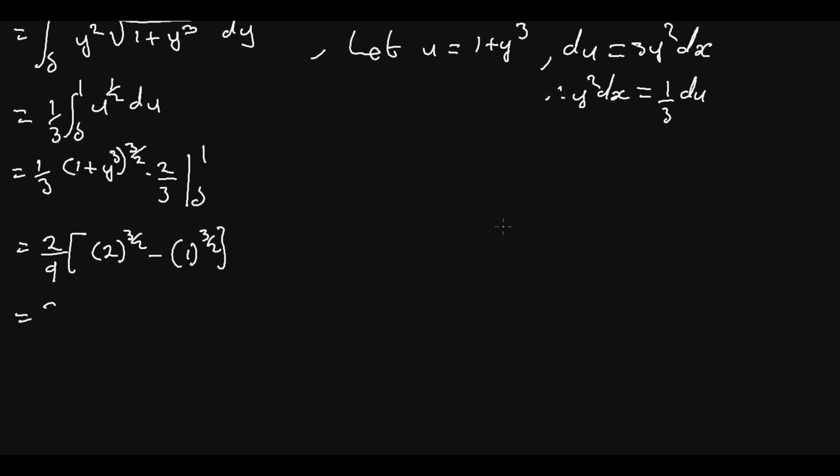So therefore we are getting 2 over 9 times 2 to the 3 over 2 minus 1. I'll stop here. So this is how we perform double integration. This is how we get to the solutions.